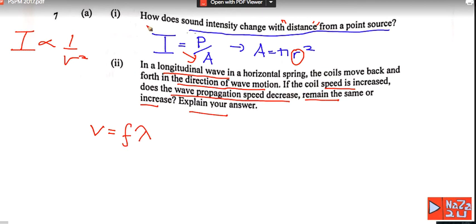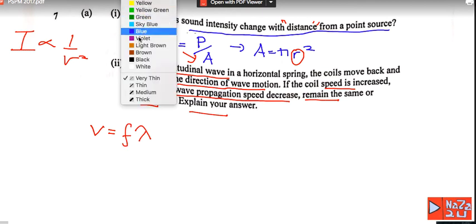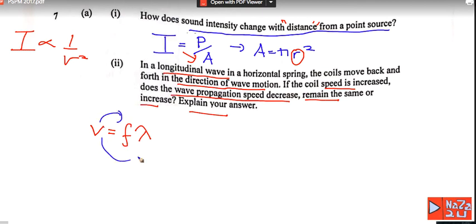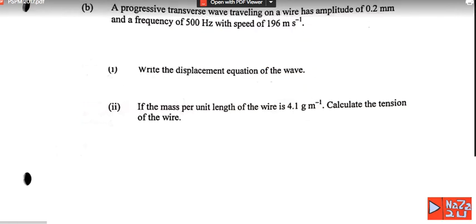So the speed is related to the frequency and the lambda. If the coil speed is increased, v remains the same, because the wave speed does not depend on the coil speed. Right? Continue to question number B.